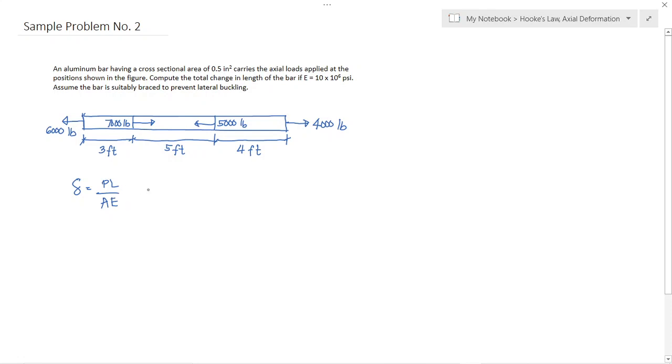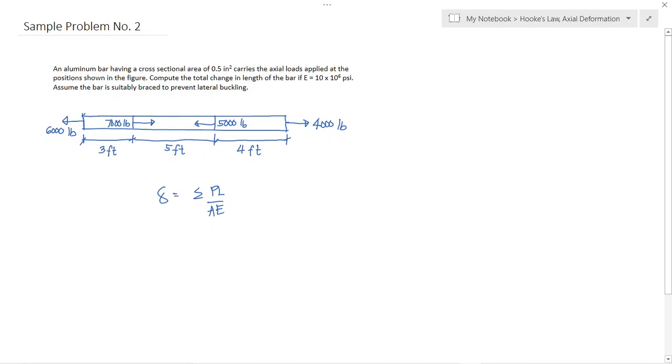So in this example, the total deformation is equivalent to the summation of PL over AE of each segment. So we have three segments, 3 feet, 5 feet, and 4 feet, all made of aluminum with uniform cross-sectional area. Okay. So, ito yung gagamitin natin na formula.